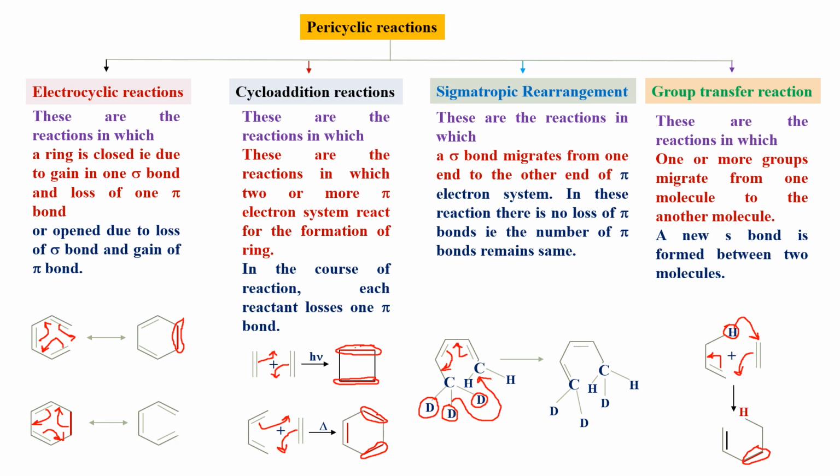With the red ink we are indicating formation of a new sigma bond, and this hydrogen has again been inked with red. The red inked hydrogen is now attached with the carbon of another molecule, and the 2 molecules have been joined by the formation of a new sigma bond. This is the group transfer reaction.